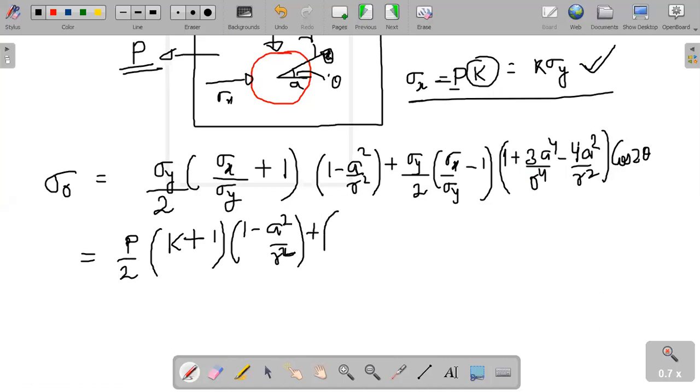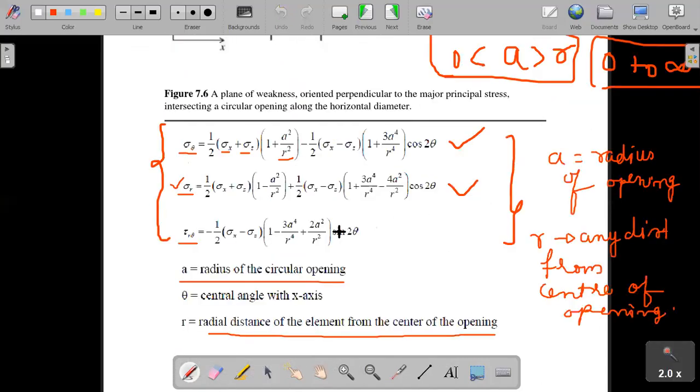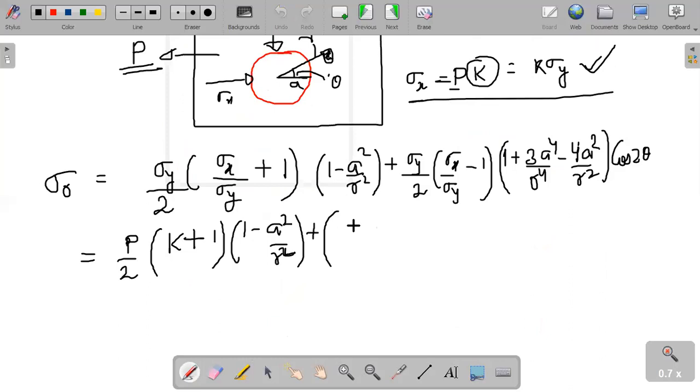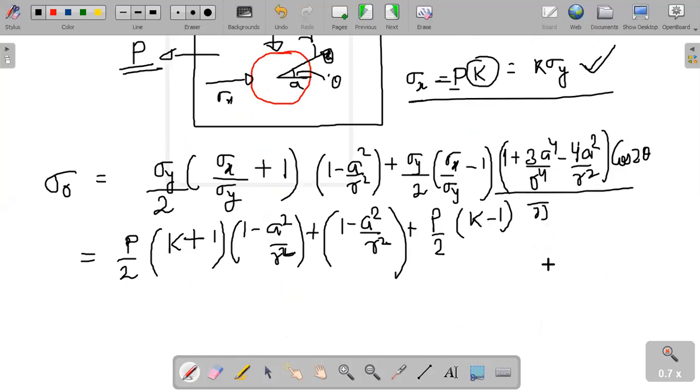Sir, that was the radius of the circular opening. Yes, a is the radius of the circular opening and r is the radial distance. And sigma y here is p by 2 again. K minus 1, and this is the same value.